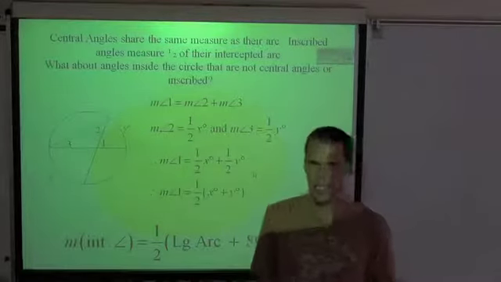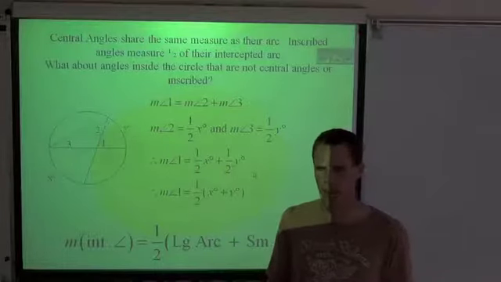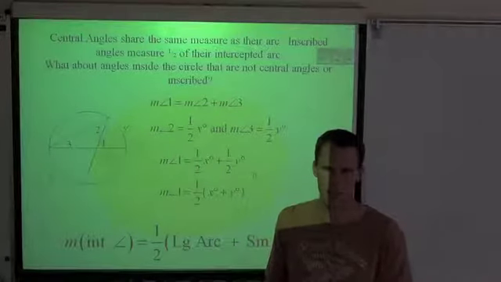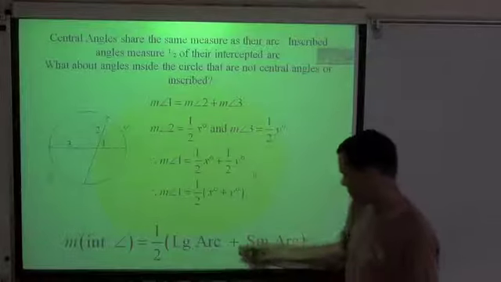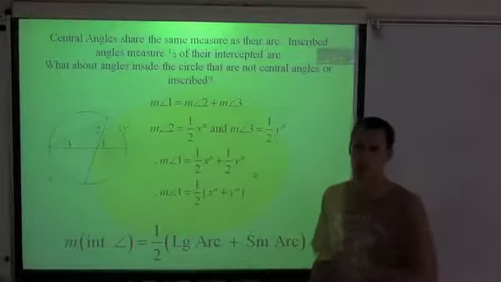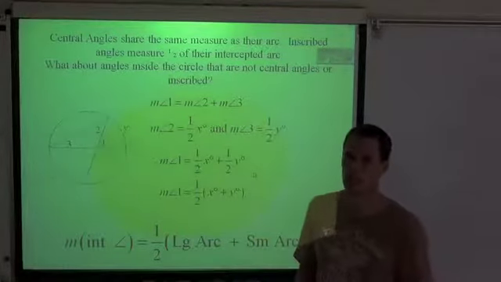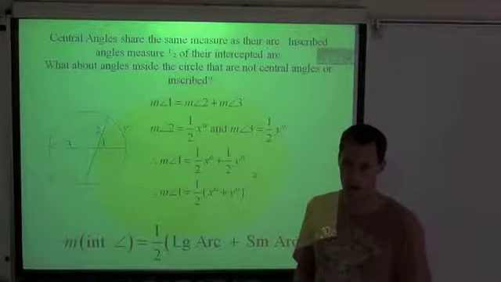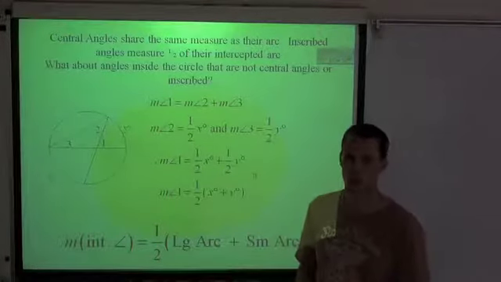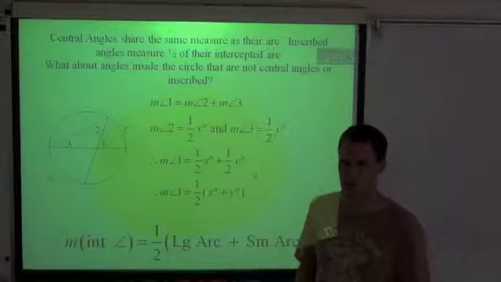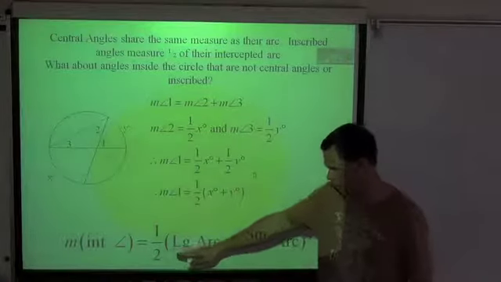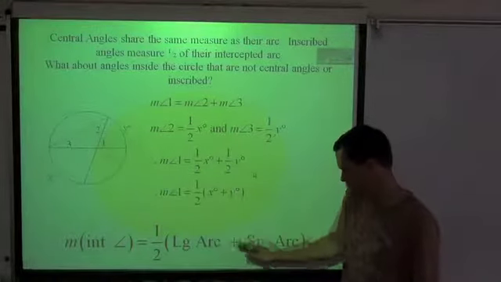Now, because it's addition, it doesn't matter if you write 8 plus 5 or 5 plus 8. It doesn't really matter what you put first, large arc or small arc. But for our next example, it is going to matter. So I like to put large arc first, no matter what. Measure of an interior angle, 1/2, large arc plus small arc.